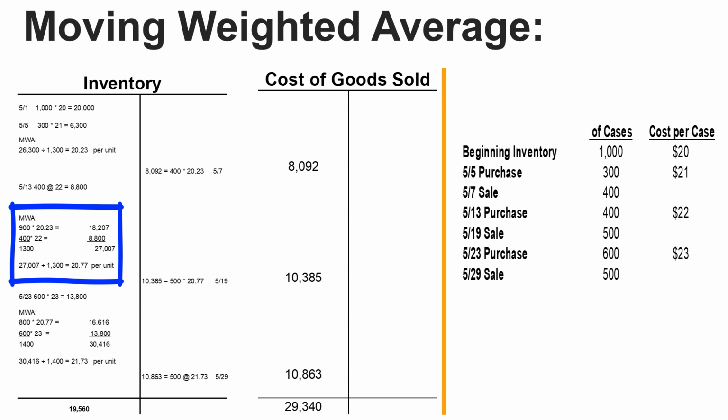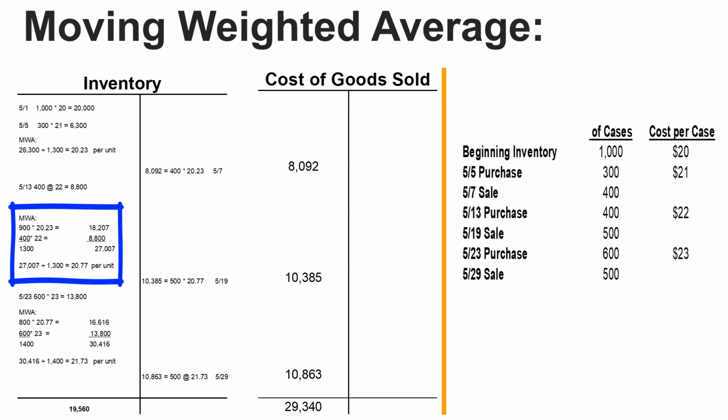This represents a new average cost that is a moving average because it's accounting for all of the previous transactions up to this point in time. $20.77 is our new moving weighted average of the 1,300 units available at this point in time.